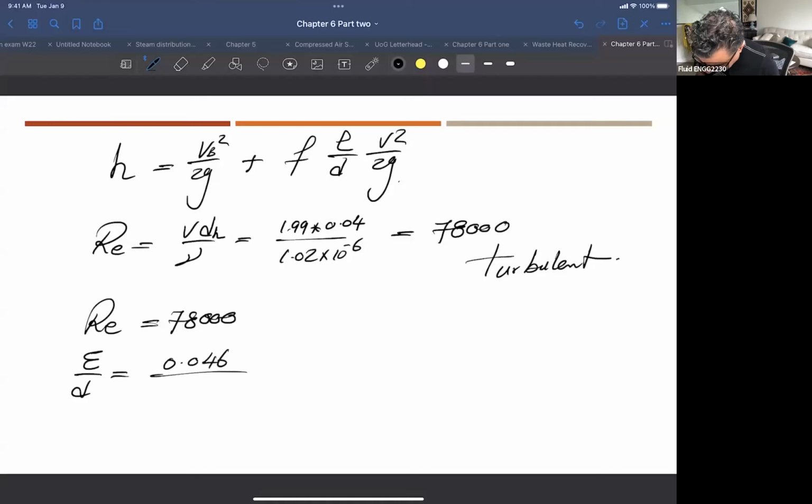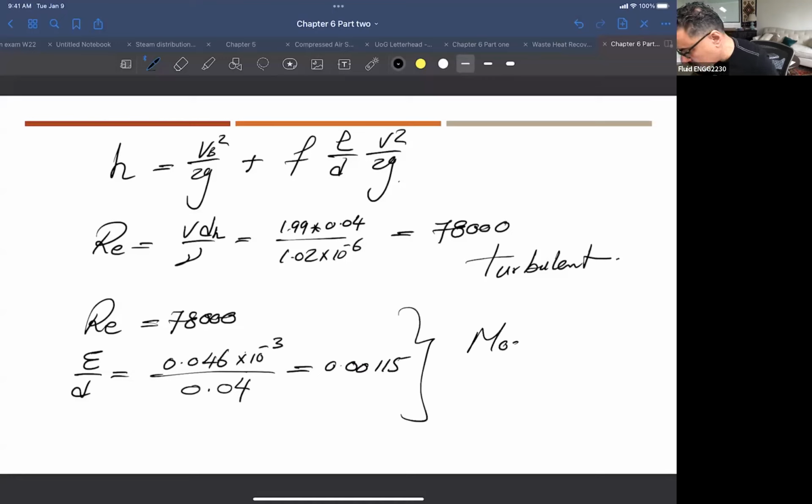So you can say that this is 10 to the minus 3 meter, and the diameter here is 0.04, right? So the value here is 0.00115. With those two numbers, you can go to the Moody chart to find out f, which is, I have 0.023 here.